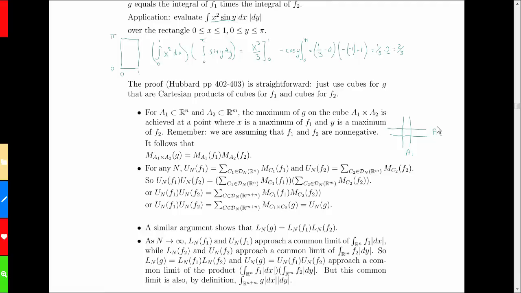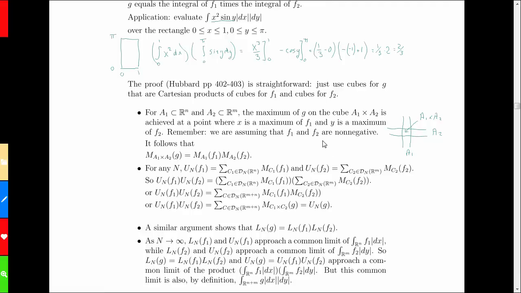A cube for f2 is just an interval along the y-axis, and the correct name for that cube is a1 cross a2. It's the Cartesian product of the set a1, an interval, and the set a2, an interval.